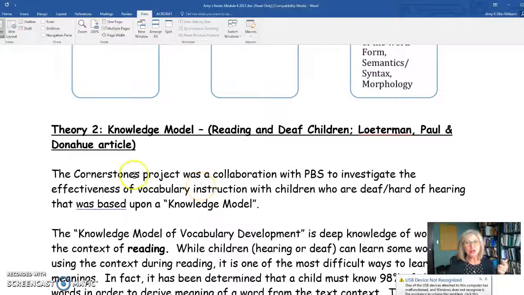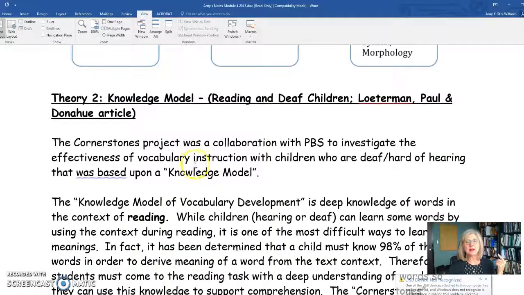The model that actually puts the knowledge theory into practice is called Cornerstones. So you'll look at some materials and some ideas about Cornerstones as a practical application of the knowledge model.